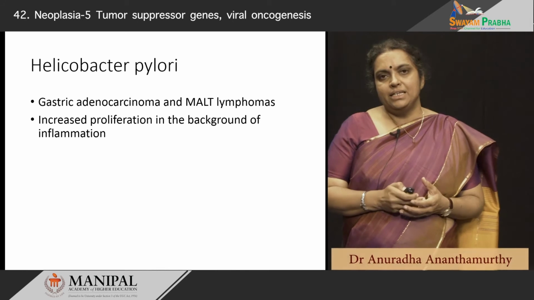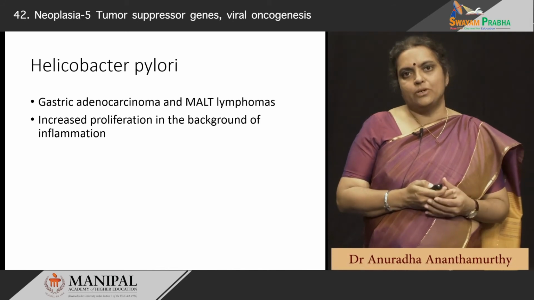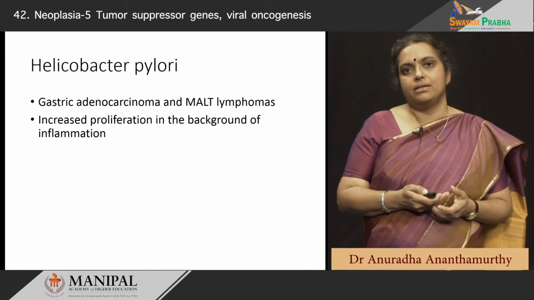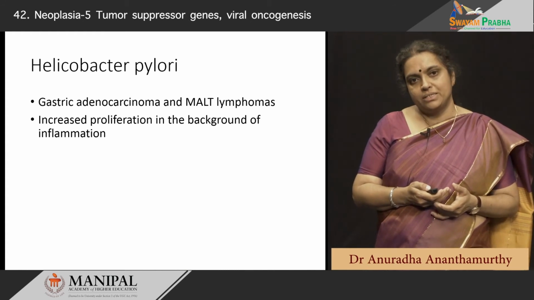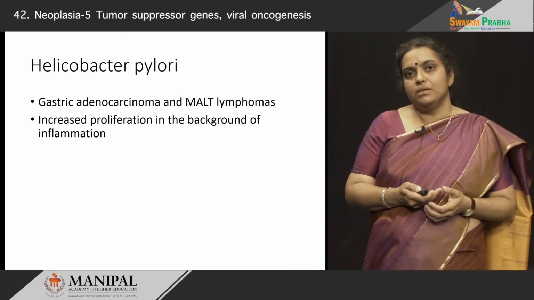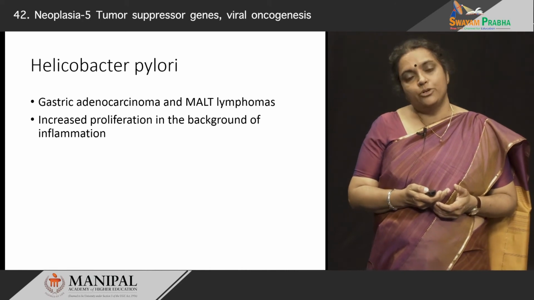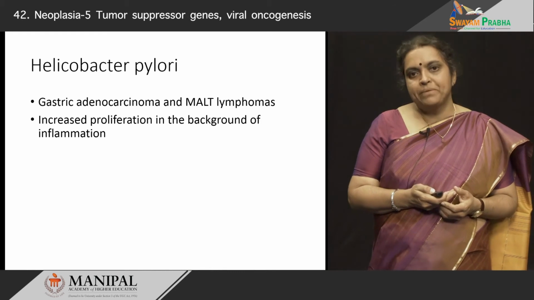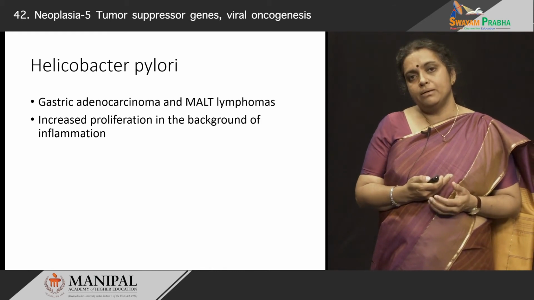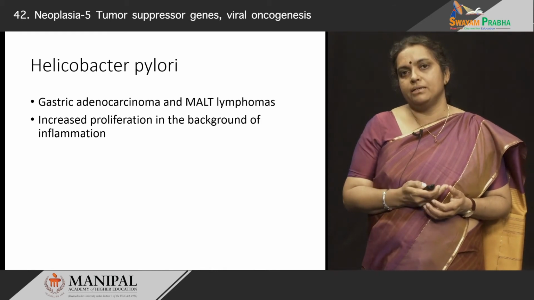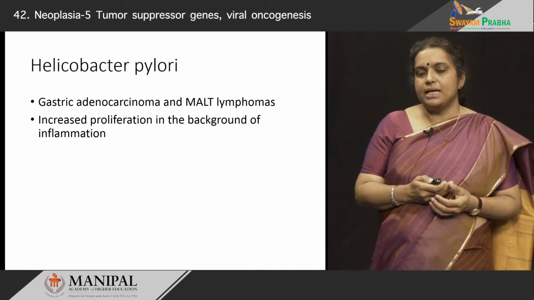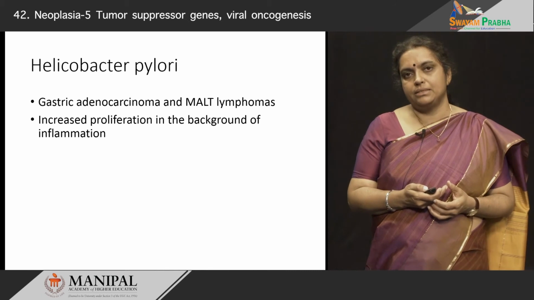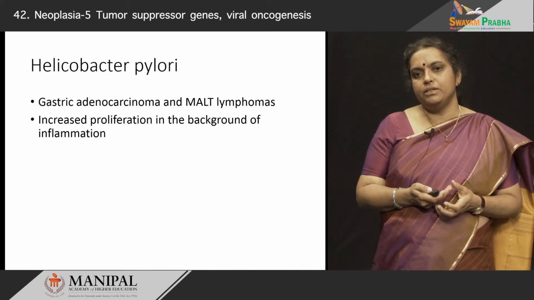Now, very interestingly, it is not just viruses that cause cancer. We now know that there are some bacteria that are implicated in carcinogenesis, and one of the most important ones is Helicobacter pylori, which inhabits the gastric mucosa, and it has been implicated in different types of gastric neoplasms, both gastric adenocarcinomas and a kind of lymphomas that occur in the stomach called MALT lymphomas.